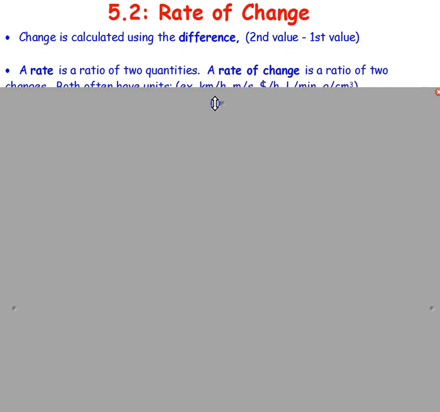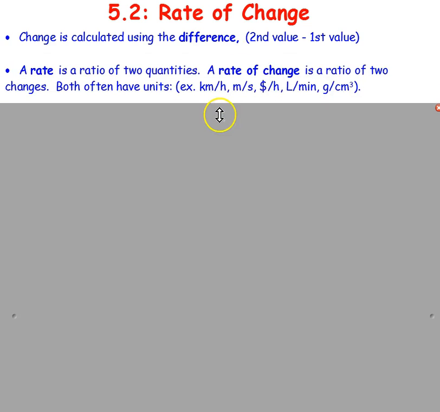Now, when we look at rate and rate of change, with rate we're often just relating two quantities in a ratio. With rate of change, we have two quantities which themselves have differences. So it could be differences in time on the road for how far we've driven down the road. Could be differences in time elapsed for a sprinter running down a track. It could be differences in how much we've worked in hours and how much money we've made.